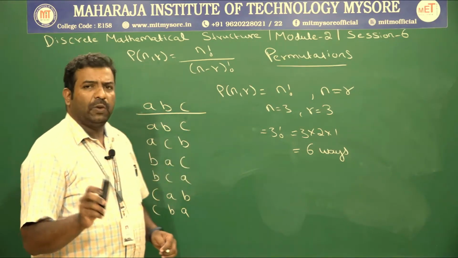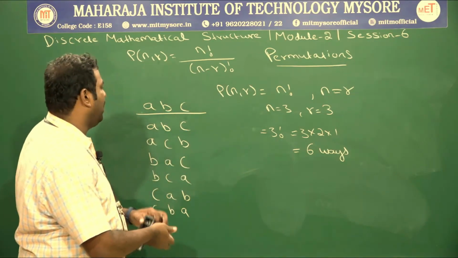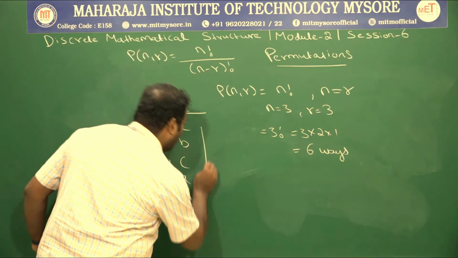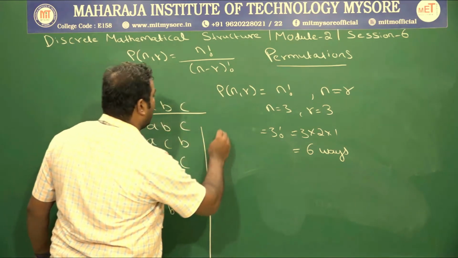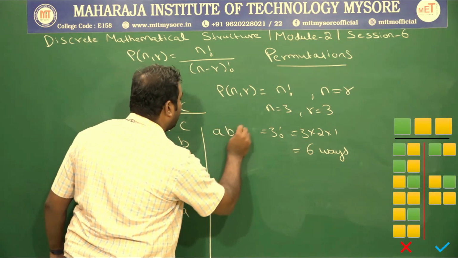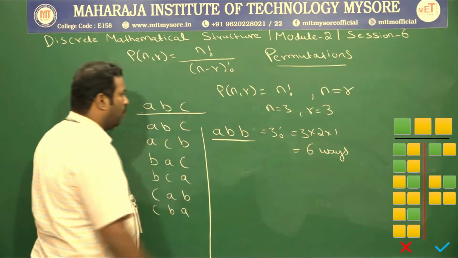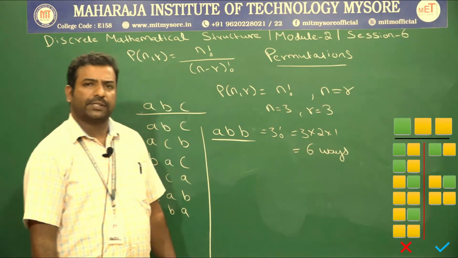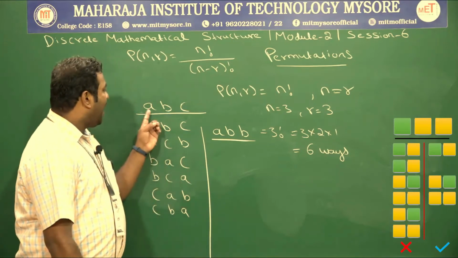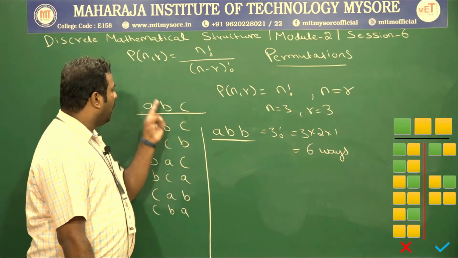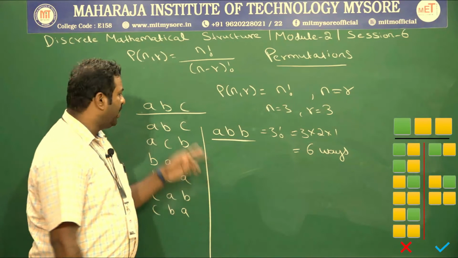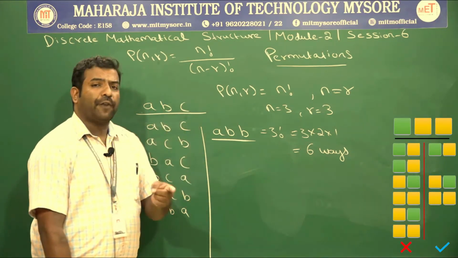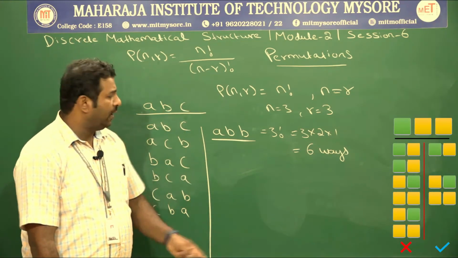So now let me give you one more variant upon this. The next variant is, now I am going to have A, B, B. Just observe what difference it makes. I had A, B, C here, where all the objects are distinct, and they are not identical.